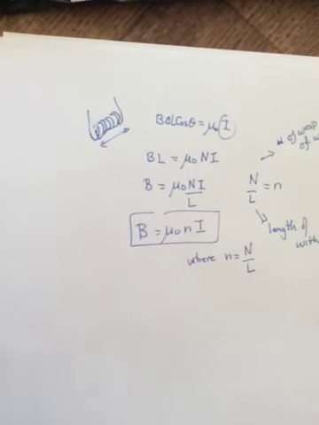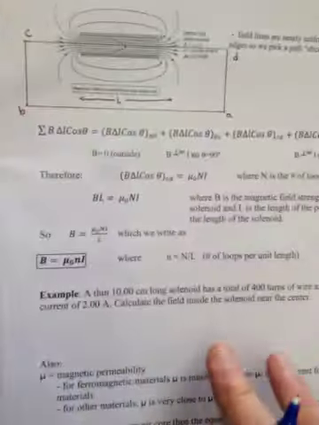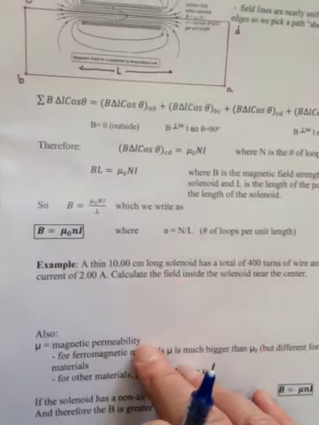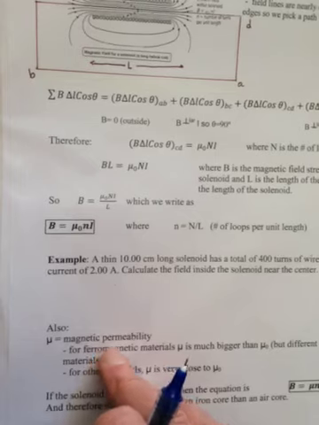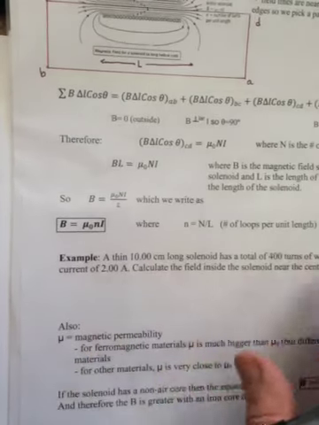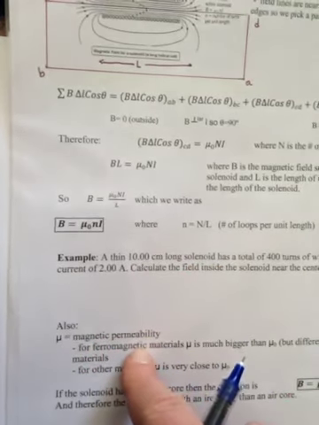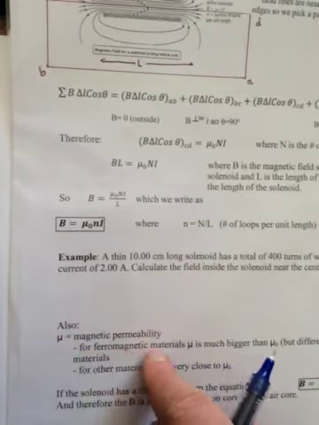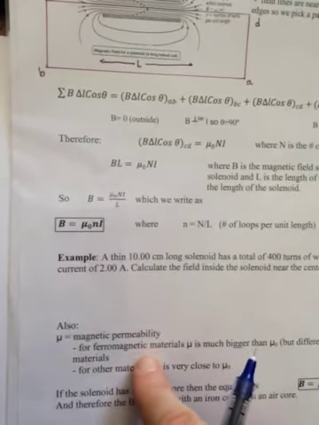Oh, wait, there was one other thing that I should have talked about. On your page, there's an example, but it also talks about the fact that mu without the O is magnetic permeability, just not of free space. So if we put a core inside our solenoid instead of empty space, then the mu will be the magnetic permeability of that material.